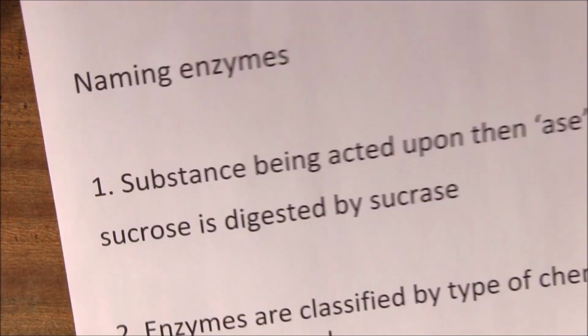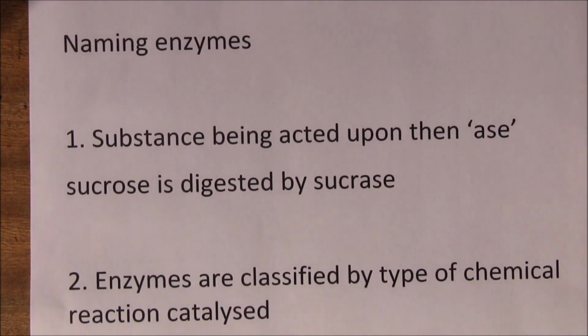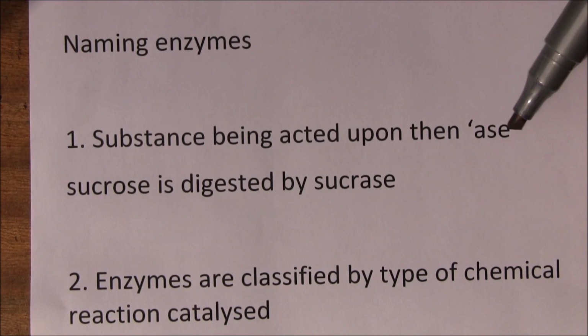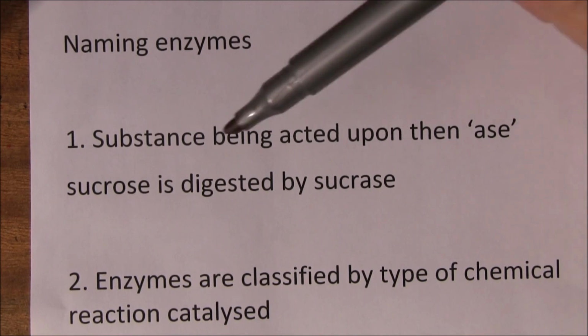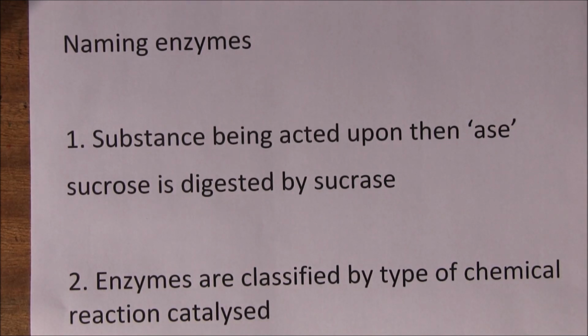Now it's interesting to think about how enzymes are named. And the principle often is it's the substrate or the substance being acted on, and then an -ase on the end. So for example, sucrose is digested by sucrase.